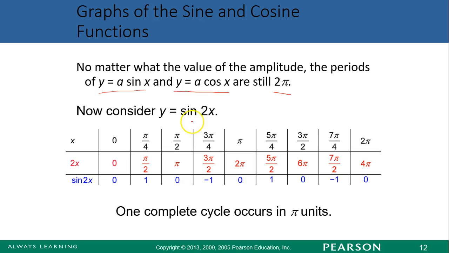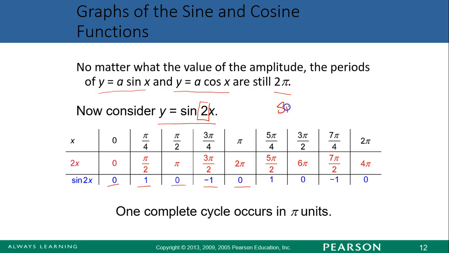So let's consider now a graph that looks like this. Whenever we plug in values of 2x into our function, we're not going to get anything different in amplitude or our x-intercepts. What does change is the period of our function. And how we identify the period comes from this value right here, which is our value of b.